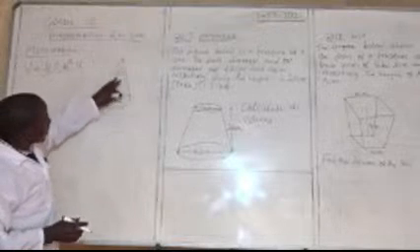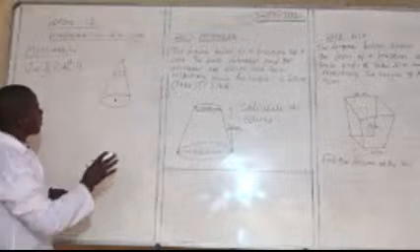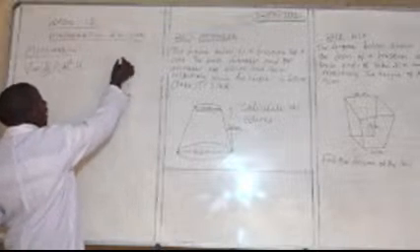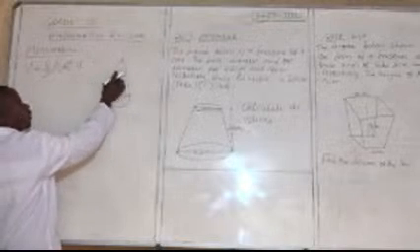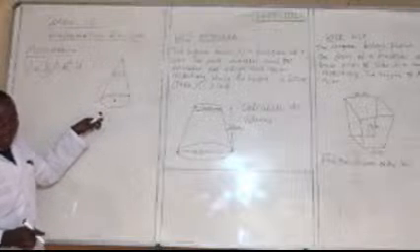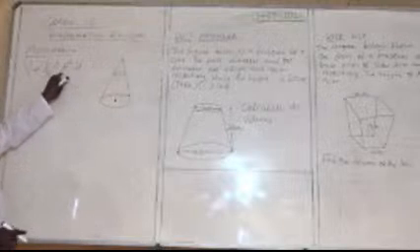When you look at this part here, we have got 2 cones now that we have been given. We have this bigger one and the smaller one here. For us to find the volume of this frustum, we have to find the volume of the whole of this cone minus the volume of this smaller cone. The volume of this bigger cone is this one. We have put the radius as our capital letter R and the height as our capital letter H here.